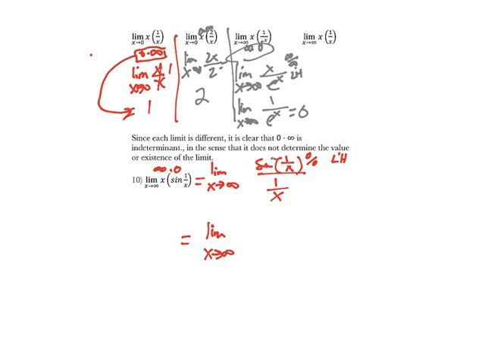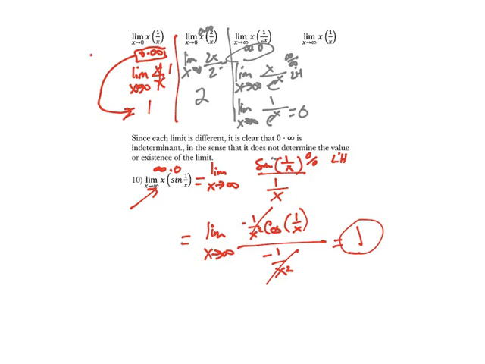Take the derivative of sine, the cosine of the same angle, times the derivative of the angle, so negative 1 over x squared, over the derivative of the bottom, negative 1 over x squared. Those cancel. Now when I plug in infinity, I really have the cosine of 0, which is 1. So by rewriting this limit, I'm able to evaluate it when before I couldn't, because it was in a form that I just didn't recognize.